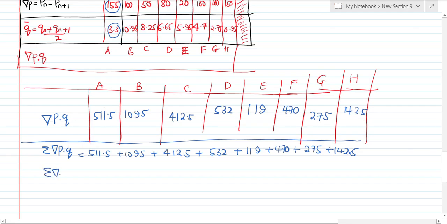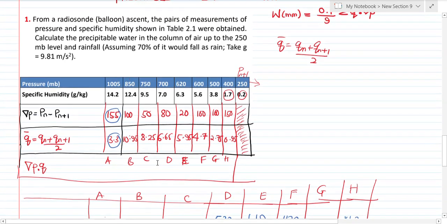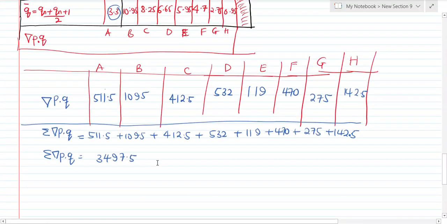So the sum is going to give us 3497.5. So that will be the sum, right? Yes.